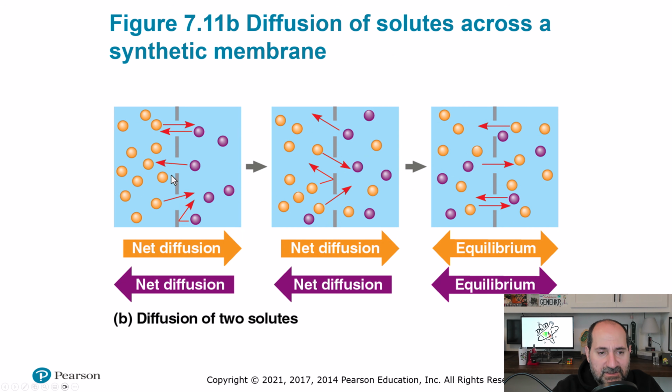Now remember that different solutes diffuse down their own respective diffusion gradients. So here, the orange solute is more concentrated on the left, so it will net diffuse to the right, while the purple dye is more concentrated on the right, and it will net diffuse to the left until equilibrium is reached for both solutes.